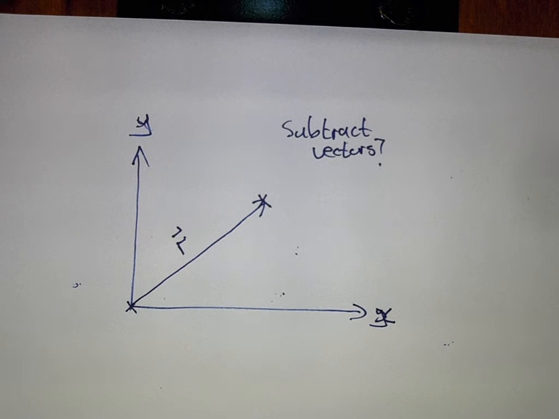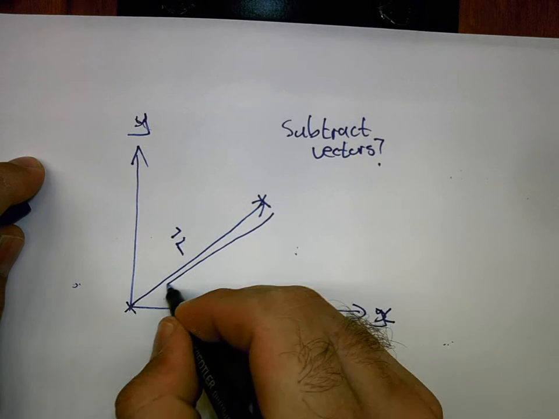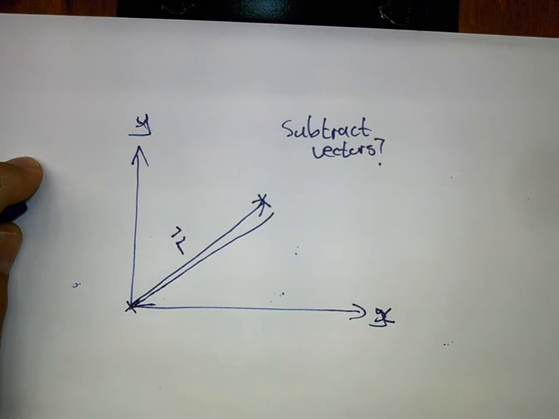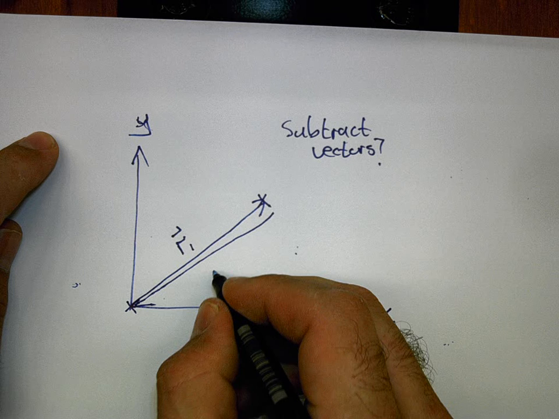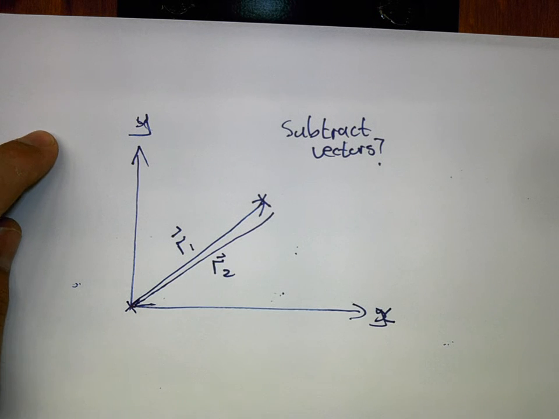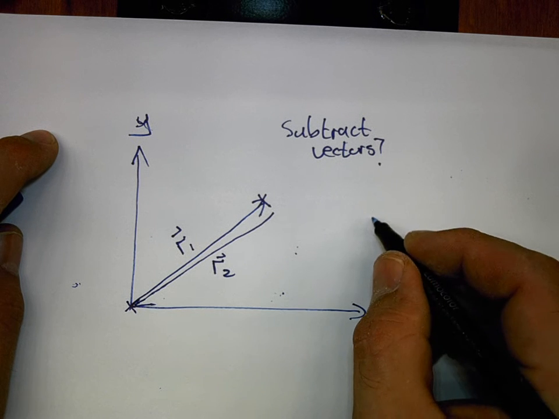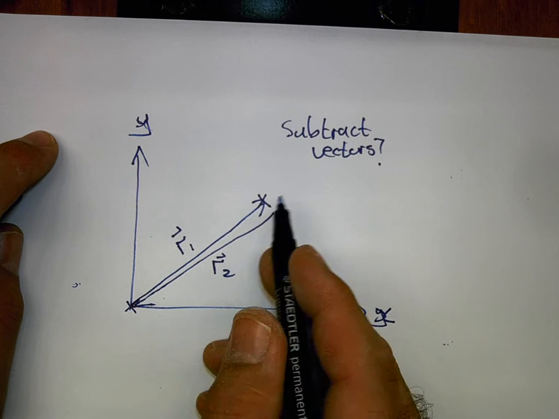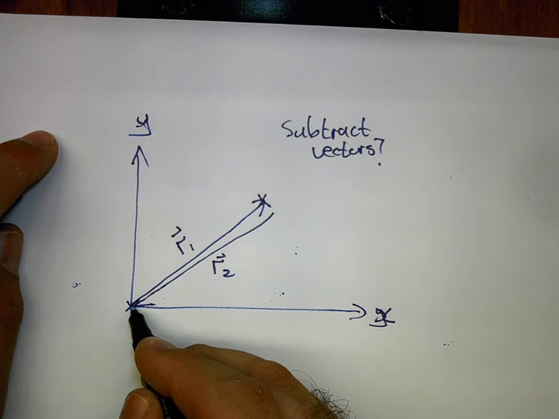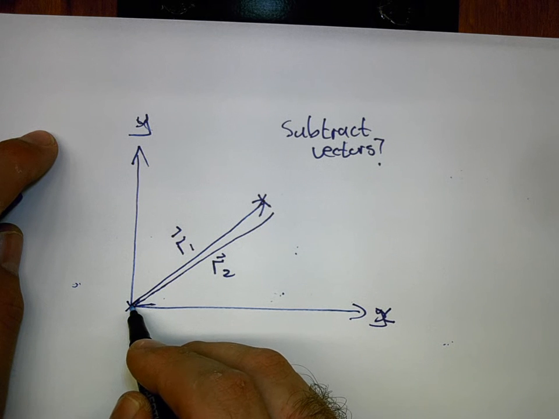So let's think about displacement. If we walk from the origin to that point over there, and if I then turn around and walk all the way back, let's say that's R1 and the vector pointing back is called R2. So would you agree with me that if we want to calculate our total displacement, we started from there, we walked to there, we turned around and we came back, our total displacement is 0.